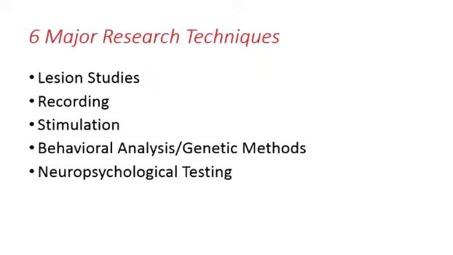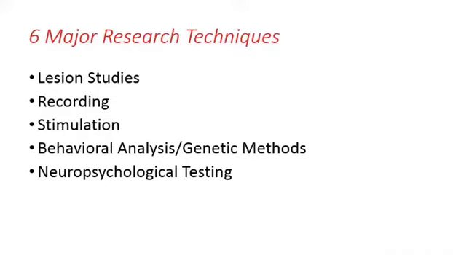All right, at this point I wanted to jump into some of the major research techniques, and I meant to say 5 major research techniques here, but I've put 6. There are 5 that I've listed. We've talked a lot about lesion studies and using strokes, for example, or brain tumors and their effect on behavior to try to understand how behavior is affected by loss of tissue in various areas of the brain.